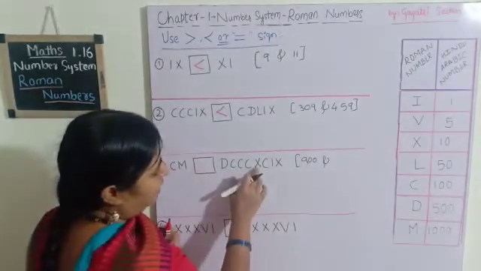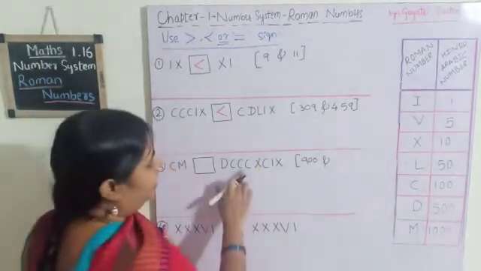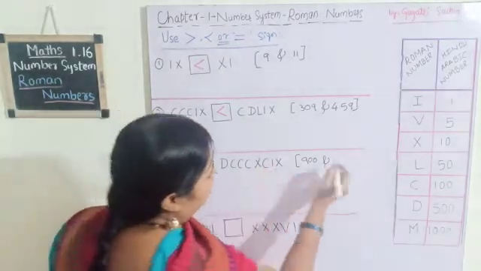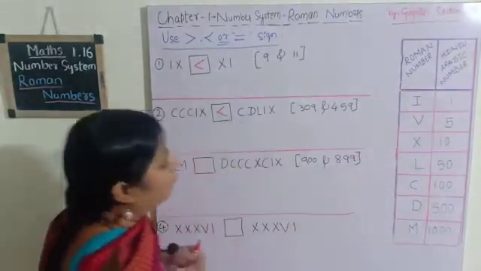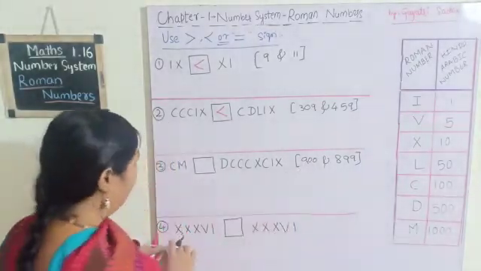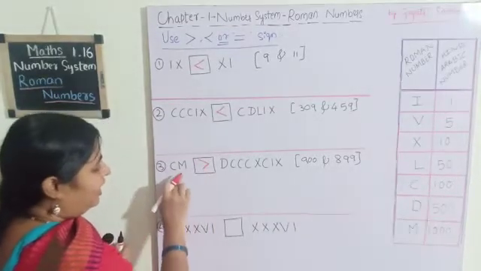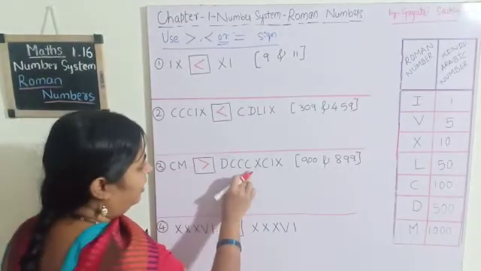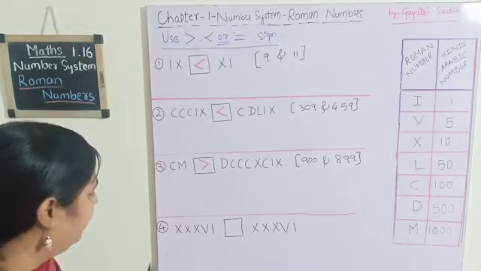After that XC means 100 minus 10, 90. So 890, IX is 9, so 899. Again, what is the bigger number here? 900 is the bigger number. So now where will the mouth open? This side. 900 is greater than 899.